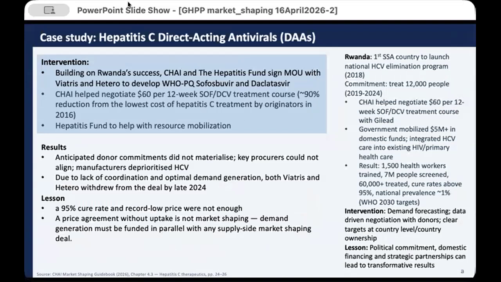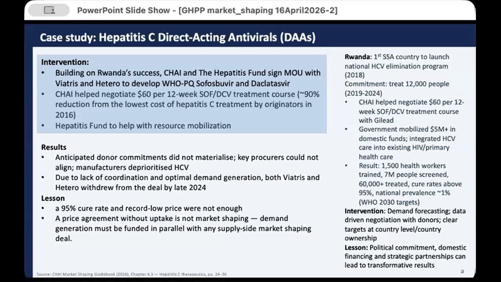So again, you have the example of Rwanda that really led the charge in terms of bringing about lower prices for DAAs with some support from CHAI, but it was their commitment to treat that really helped lock in that lower price. Then CHAI and others went to get that price for other countries.